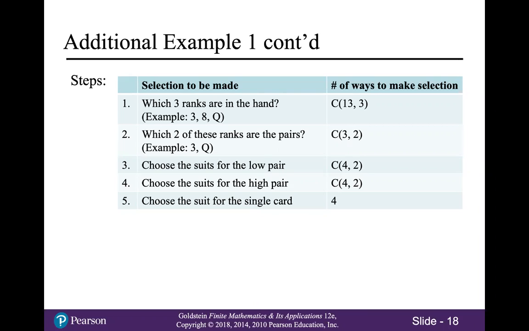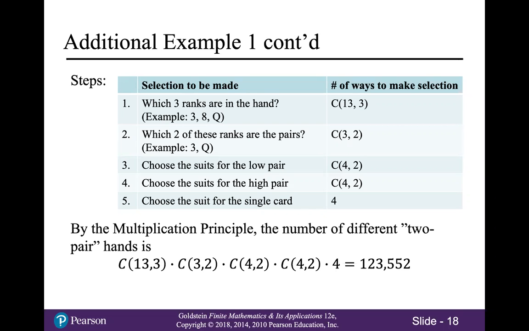So then using the multiplication principle, actually they call it the generalized multiplication principle, the number of different 2 pair hands is 13 choose 3 times 3 choose 2 times 4 choose 2 times 4 choose 2 times 4, which comes out to, and you should try this on your calculator, 123,552.